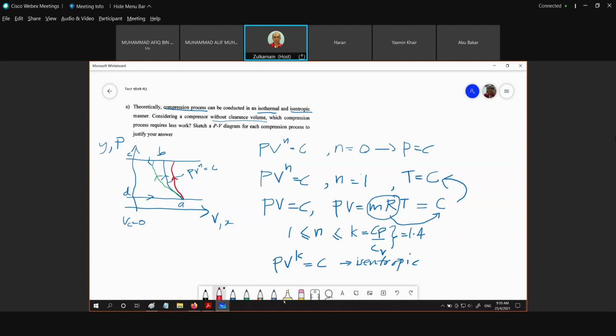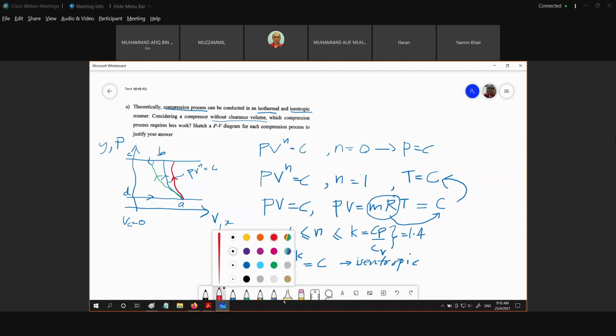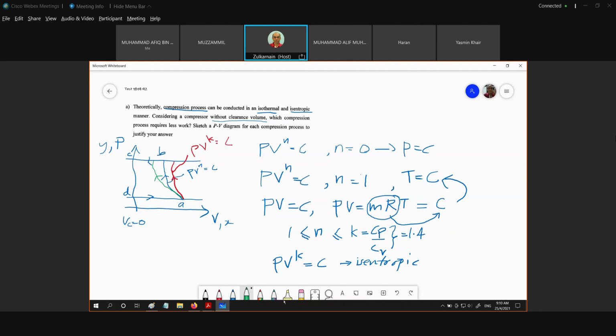Hijau ke kuning? Hijau ke merah? Merah. Jadi merah ini akan mewakili P, V, K equal to constant. Yang hijau ini akan mewakili P, V equal to constant, di mana N ni adalah 1.